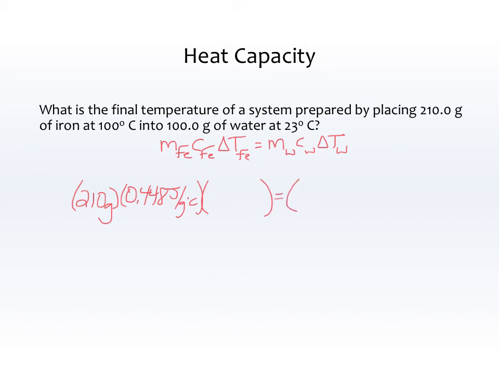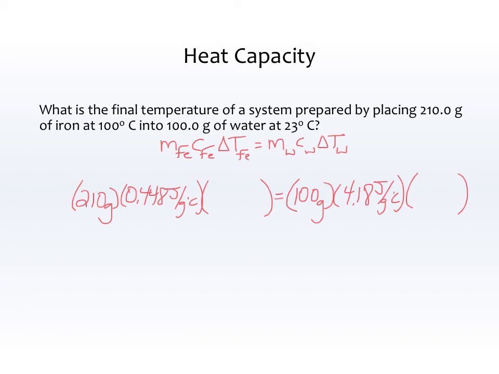The mass of the water is 100 grams. Specific heat of water is 4.18 joules per gram degrees C. And delta T, I'm going to leave that blank for just a moment.